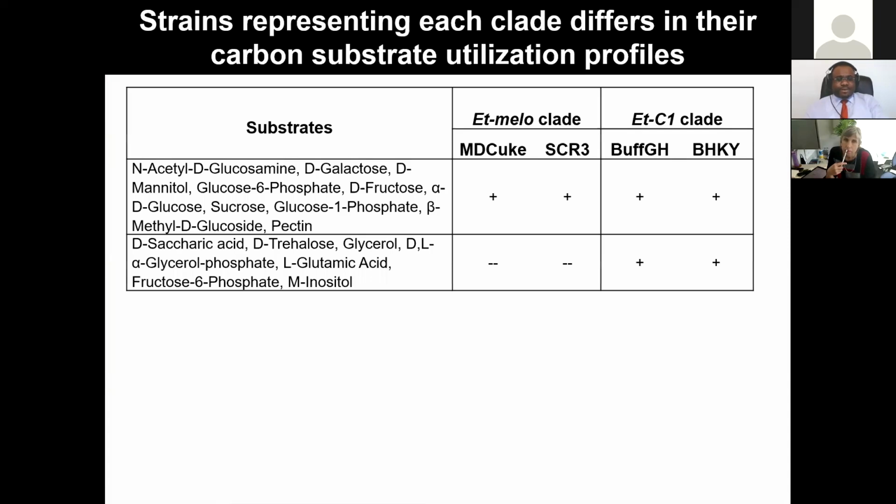And consistent with the differences in carbohydrate active enzyme accumulation between both strains, we found that each clade differs in its carbon utilization profile. Although they are able to utilize about 10 identical substrates, they have preference for distinct clade-specific substrates that we can see here.